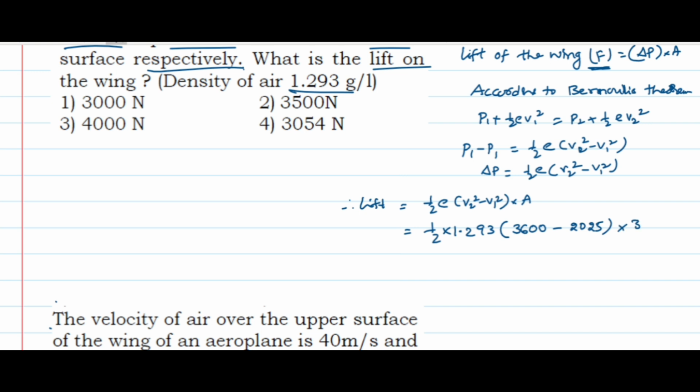When you simplify this, we get 3054 newtons. So the fourth one is the correct answer.